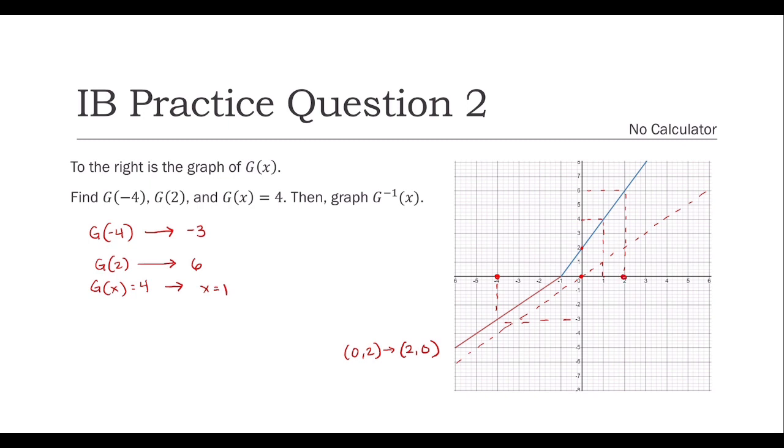So 2, 0 right here. We have another point at negative 1, 0. So that'll become 0, negative 1. We have a point at negative 3, negative 2. And that will become negative 2, negative 3. So it'll go right here.